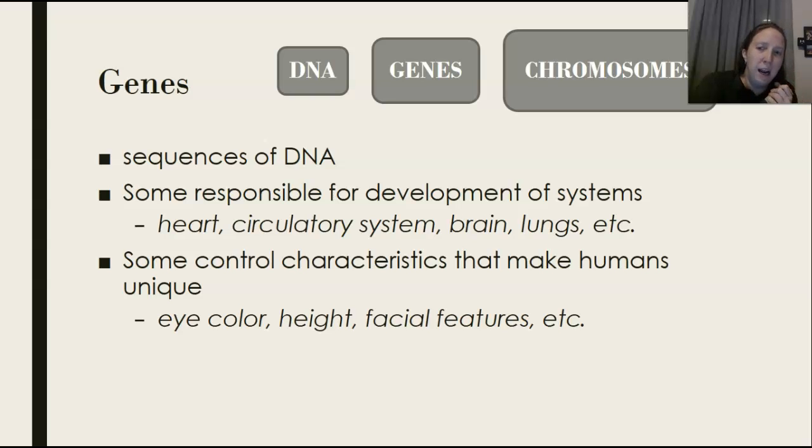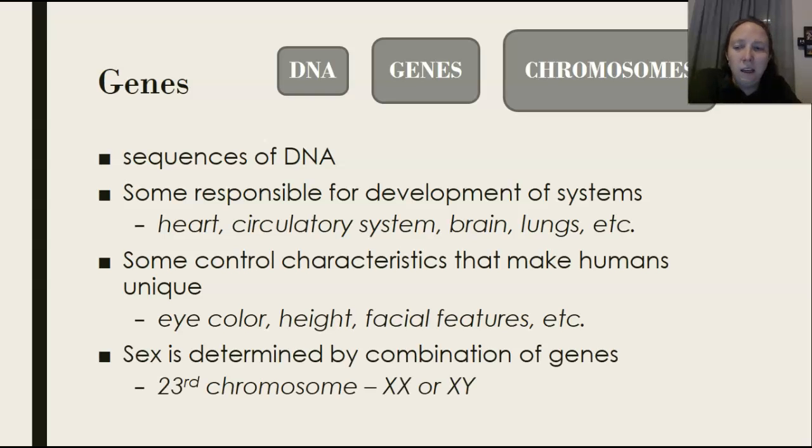If we think of DNA as letters of words, and then we think of genes as the words themselves, we can put those words together into chapters, and your chromosomes are 46 chapters in the book that is you. That might help, maybe.